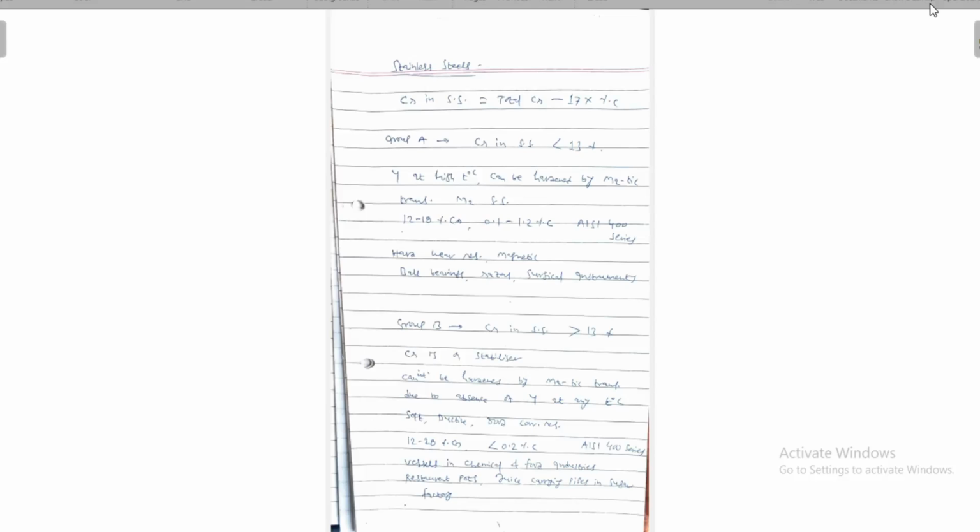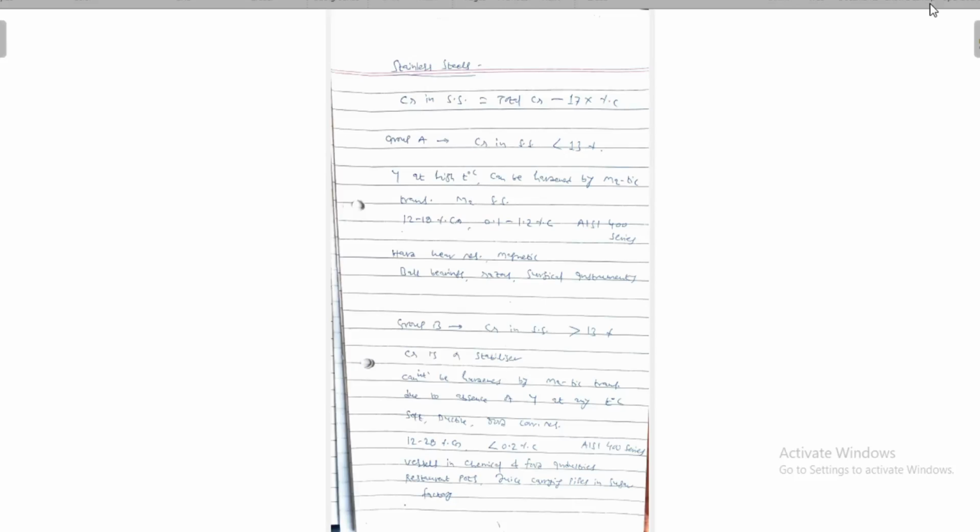Then only the complete stainless properties will be obtained in stainless steel. If the chromium content falls below this level of 12.5 or 13%, then the corrosion resistivity will decrease. So this formula is useful to get an idea about the stainless properties of the stainless steel.